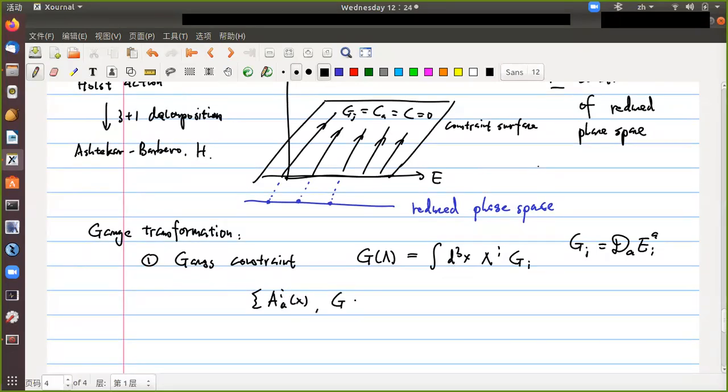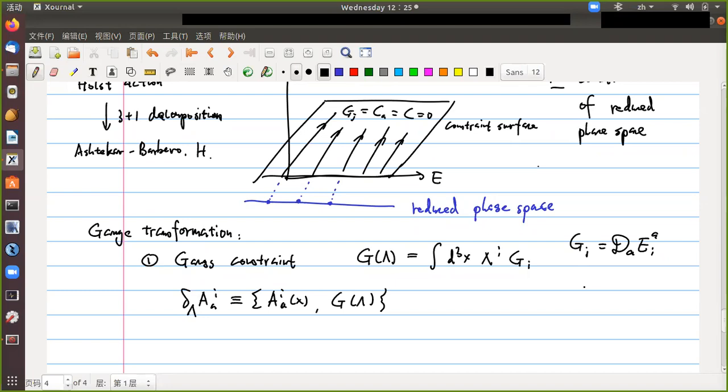You just use that to generate the gauge transformation, which I will call δ_λ A^i. Even from inspection, you can see that this Poisson bracket between A and G is just a covariant derivative acting on E. Then what you do is just integration by parts, moving this covariant derivative from E to λ. So this is the scheme of the derivation.